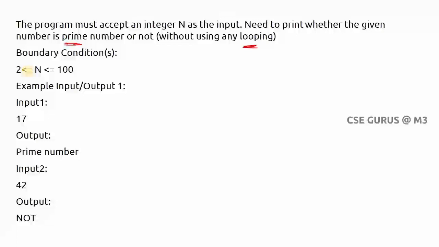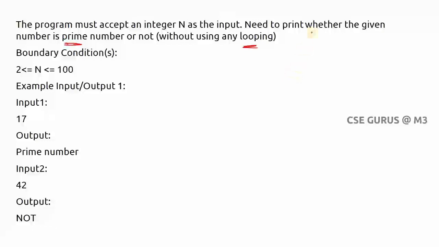Because we need to check every number from 1 up to the number to find the divisors where the remainder is 0. If the only factors are 1 and itself, then you can say it is a prime number, otherwise not. But here it is asking to do it without using any looping. You are not supposed to use while, do while or for loops like this.